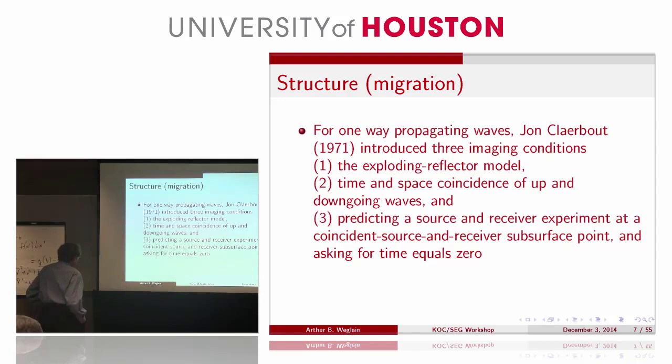So basically, the way that idea has been implemented is in some form of time-space coincidence of up and down waves. We have some other world champion people here, Yu Zhang and Sheng Zhu.